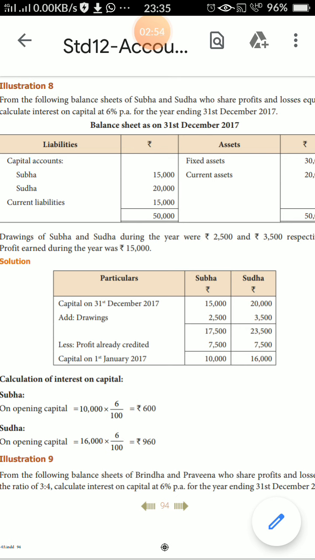Okay, first I will read out the sum. From the following balance sheet of Subha and Sudha, who share profit and loss equally, calculate the interest on capital at 6% for the year ending December 31st. Listen, students, one point is important, so underline it: Subha and Sudha share profit and loss equally.